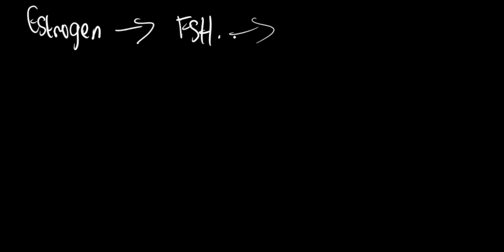Now, above a certain concentration, estrogen has a negative feedback on FSH. Estrogen is saying, okay, stop producing FSH, stop producing FSH. And this is why we don't have multiple ovulations.